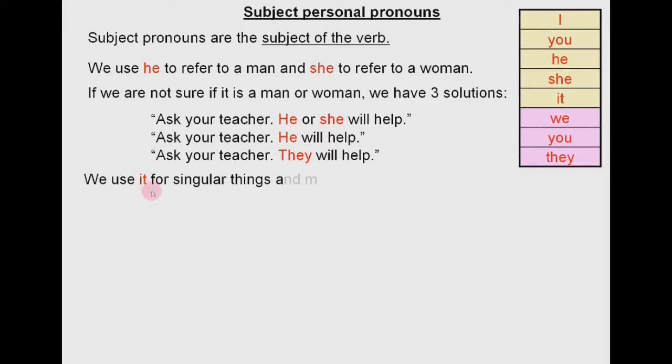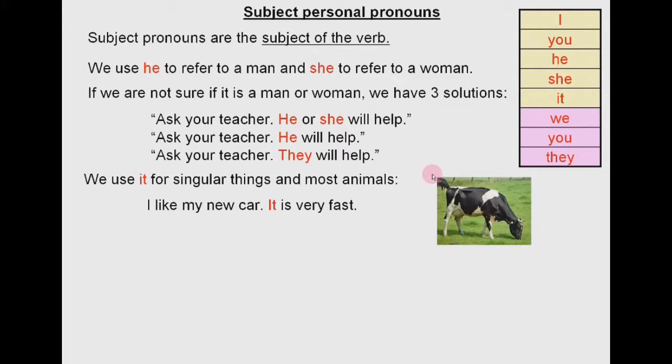And we use it for singular things and most animals. Example, I like my new car, it is very fast. And look at the cow, it is eating the grass. Okay, so it is an animal, and so we use it to refer to it, okay, which is neuter.